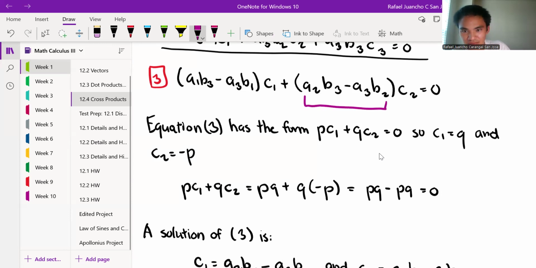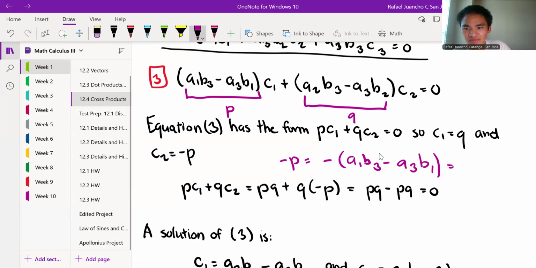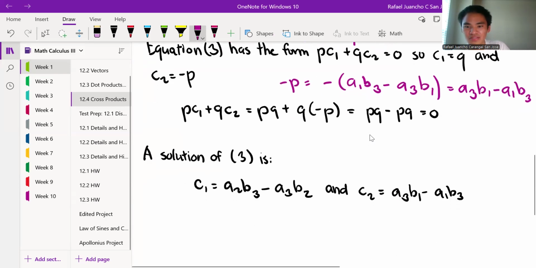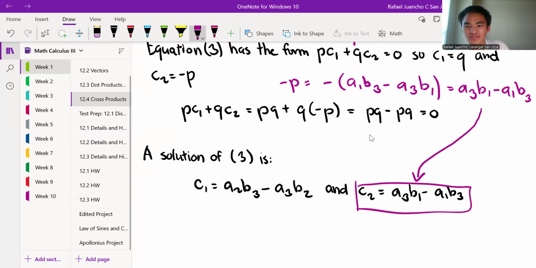This is Q. C2 is negative P. What's P? This one is P, so negative P is the negative of this one. And we can simplify that as A3B1 minus A1B3, which we can see here for C2.